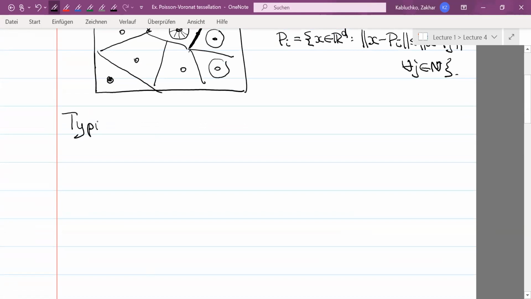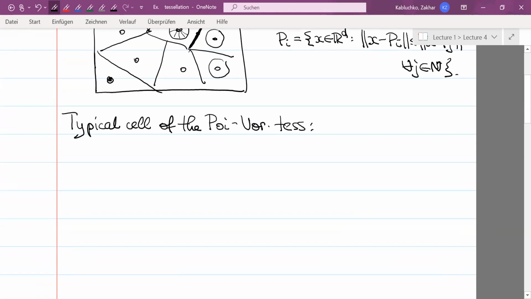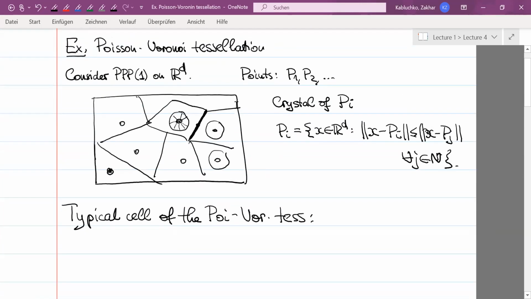The typical cell of the Poisson-Voronoi tessellation is defined as follows. Intuitively, imagine we have a window, but this window is not small as here, but a very, very large window. Then in this extremely large window, we have many cells, and we take a uniformly chosen cell from this collection.